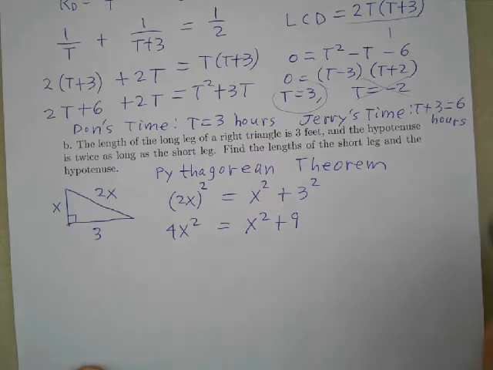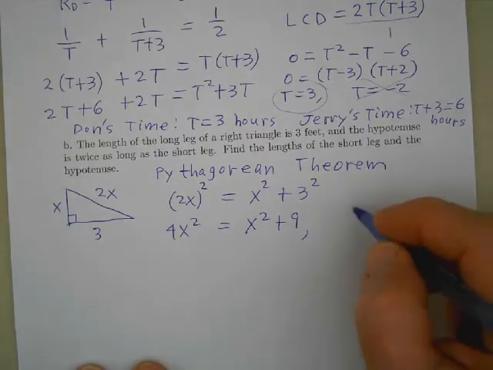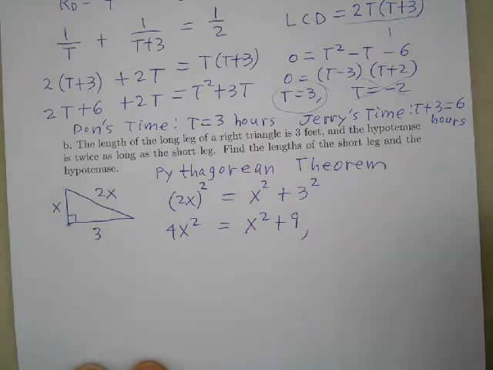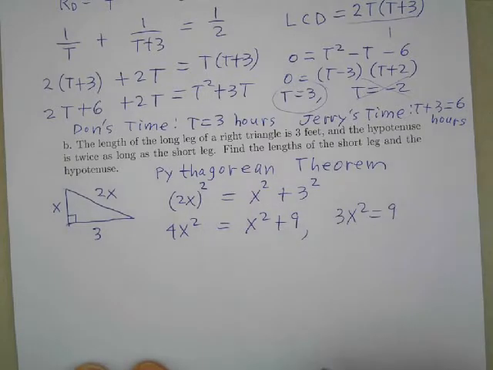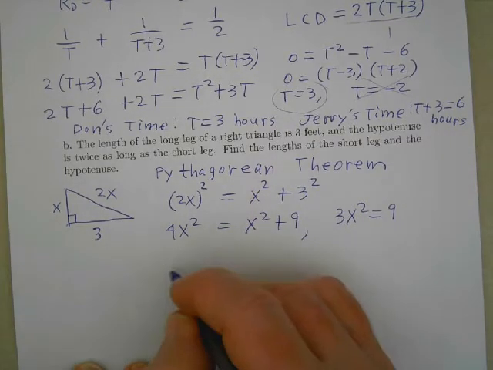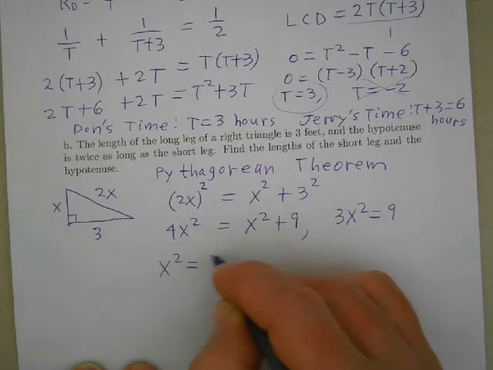So for this quadratic equation, we'll use the square root method. Subtract x squared from both sides, so we get 3x squared equals 9. Then divide both sides by 3, we get x squared equals 3.